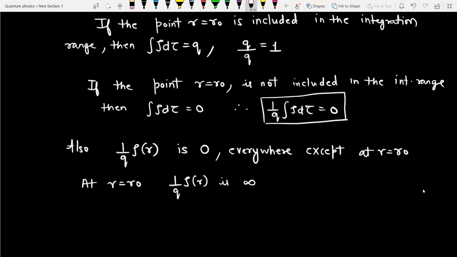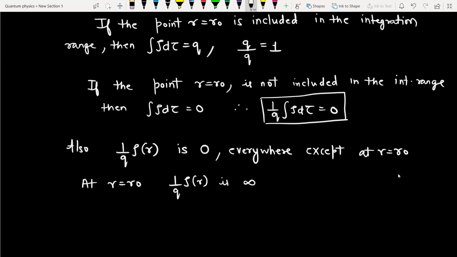Also, if the point r equal to r naught is included in the integration range, then the integral value is 1. Remember that the integration of delta of r minus r naught is 1 if that point r equal to r naught is included, and if that point is not included, then the integral is 0. So all this indicates only one direction.